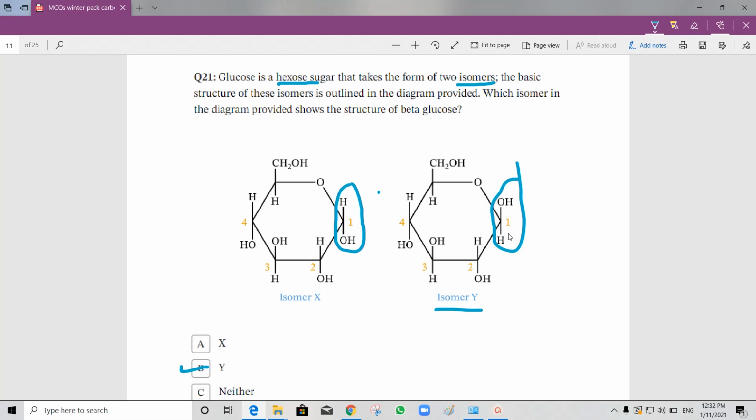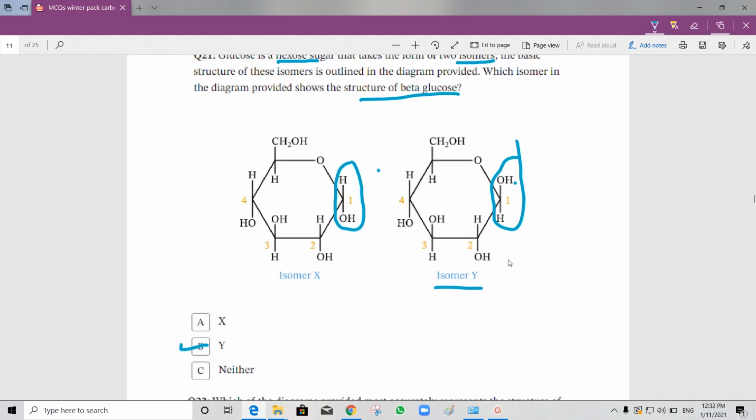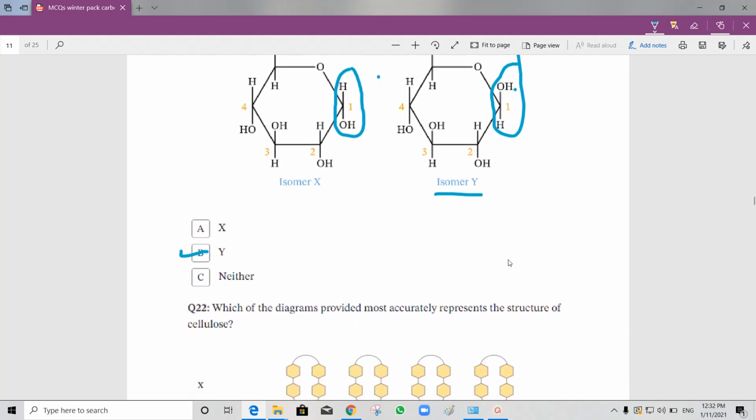So the question is, which structure is beta glucose? Beta glucose is when the OH is at the top here and the H is lower. No, this is not a beta glucose. This is beta glucose. Number 22.